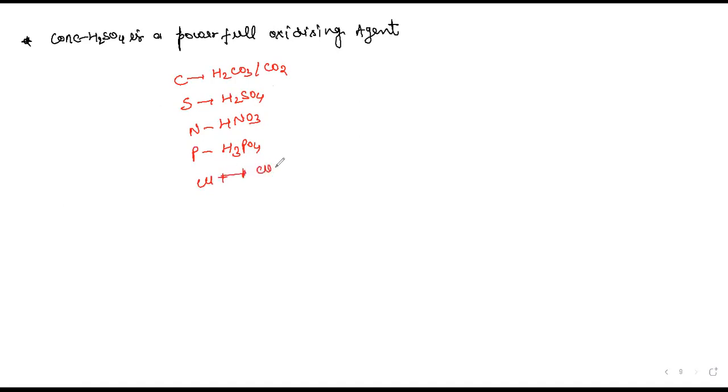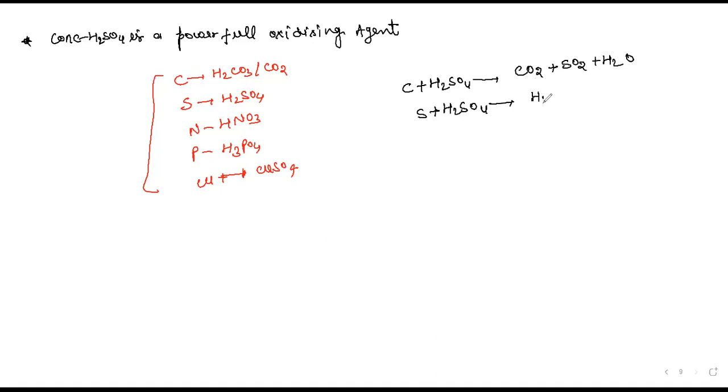copper to CuSO4. Okay. If you write all these equations, it is better. Carbon plus H2SO4 will make CO2, and H2SO4 reduces itself to SO2 plus water. Then sulfur plus H2SO4 gives H2SO4 plus water.